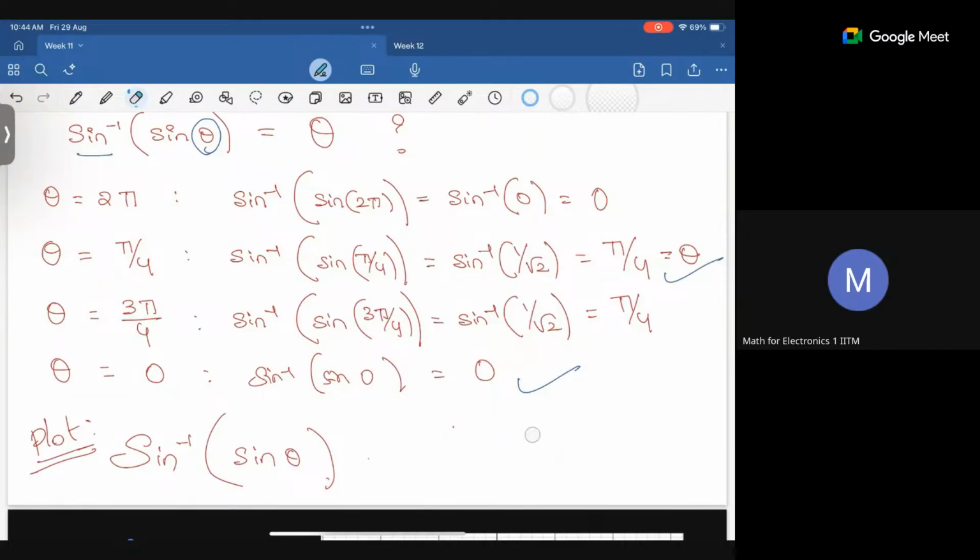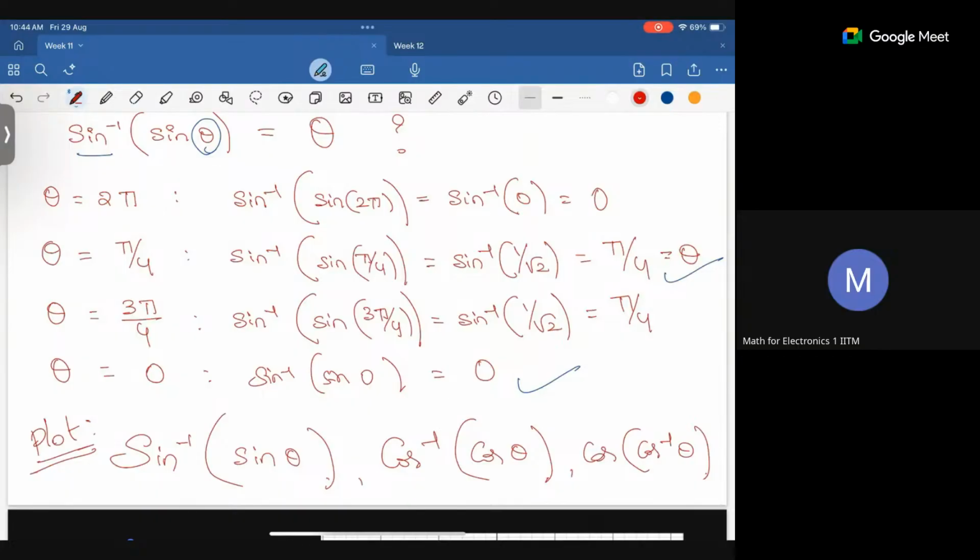And not only this, you try to plot cos inverse of cos theta. Okay, similarly plot cos of cos inverse theta. So even this also.